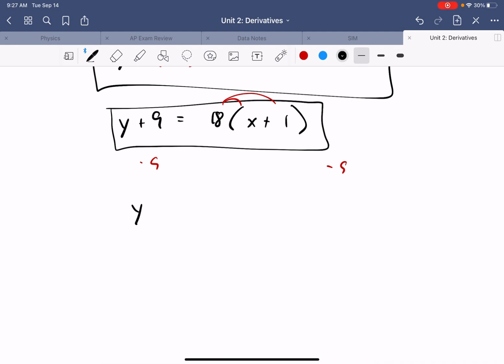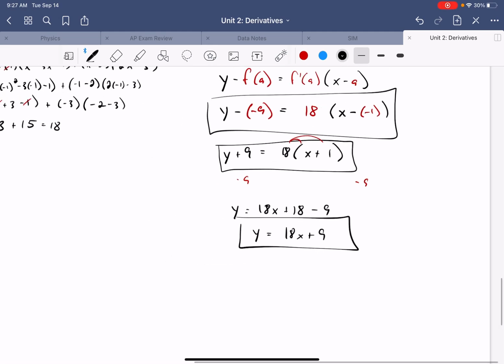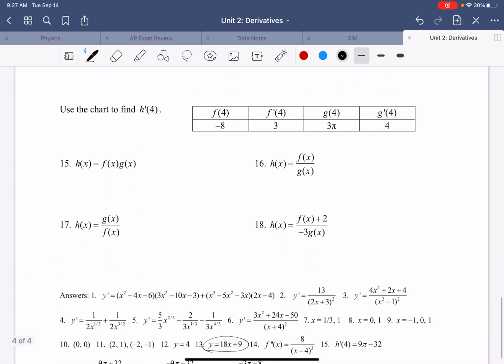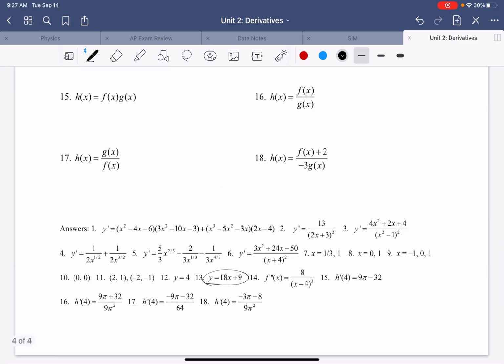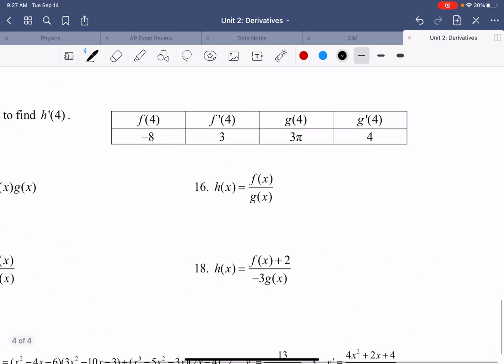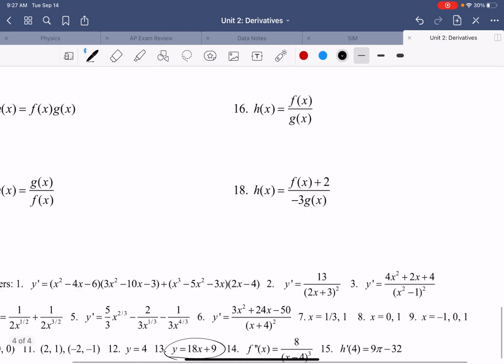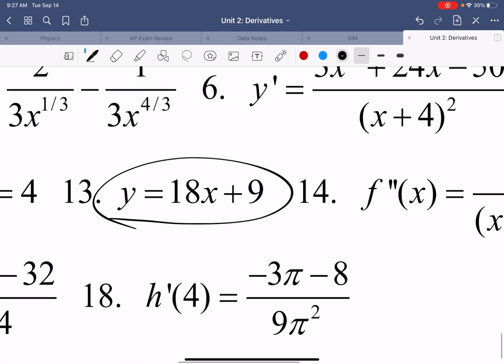So then the y is going to be by itself. 18 times x is 18x. 18 times 1 is a plus 18. Then I have a minus 9 at the end. So then I get 18x plus 9. So that's the simplified answer solved for y, 18x plus 9, and that is the correct answer.